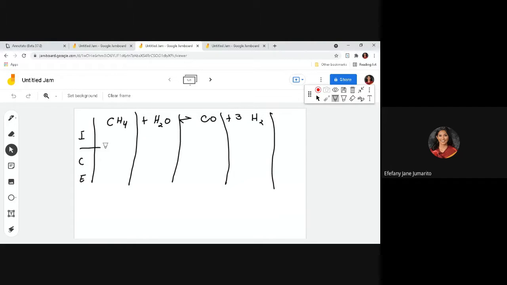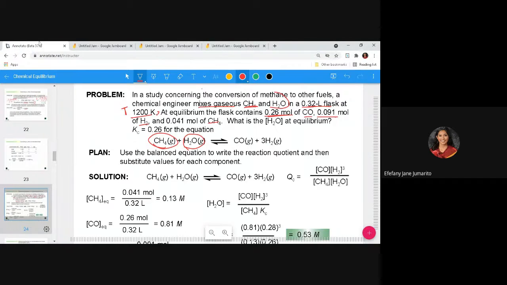So what are given? 0.32 liter at 1200 K, Kelvin, so that's your temperature.